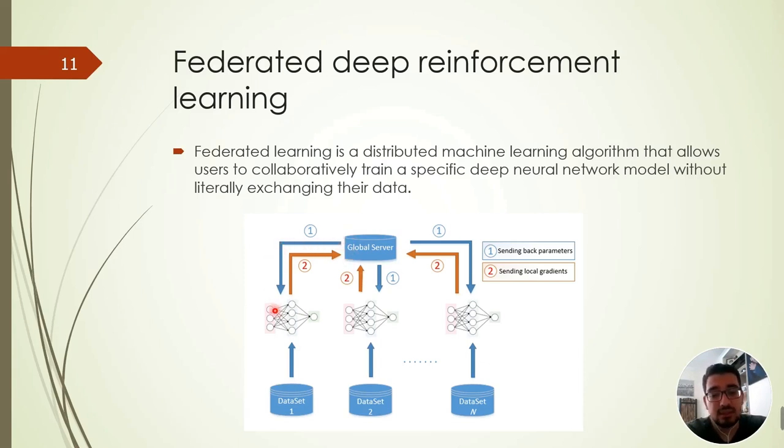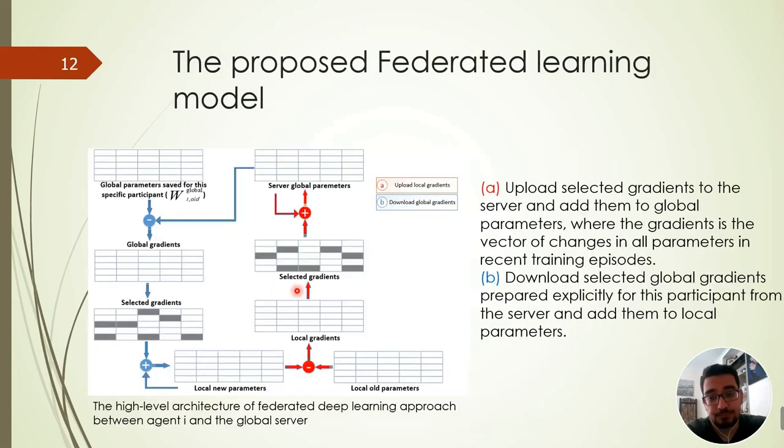Now let's take a deeper look at the sharing parameter protocol that is happening here. This figure shows a parameter sharing protocol between participant i and the global server. Through the red path, the participant sends its parameters to the server, and through the blue path, the server sends its parameters to the participant.